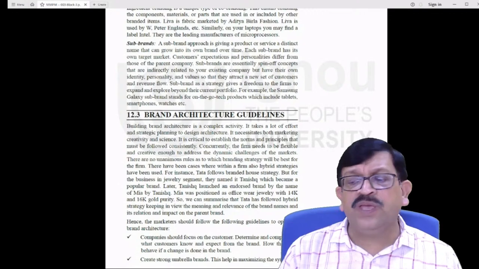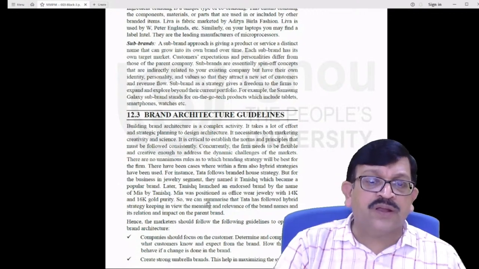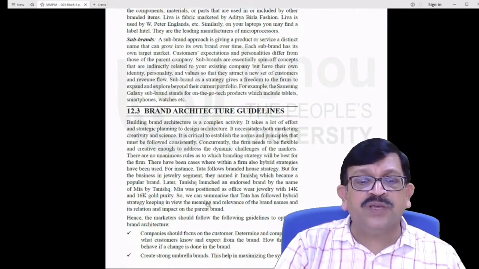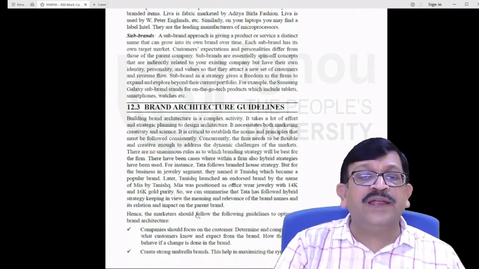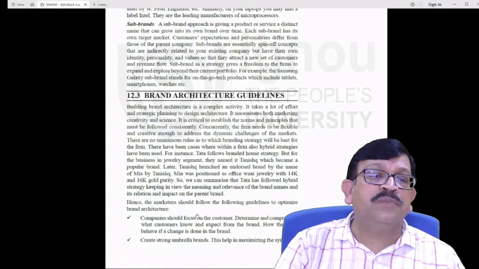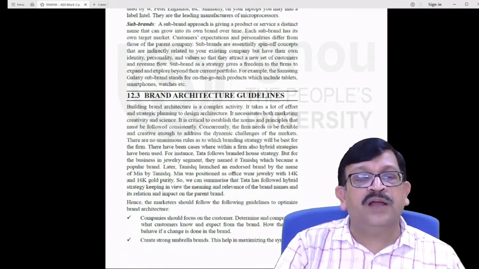It should then render a positive rub-off in terms of image as well as market share. So let's look into some of the guidelines required to optimize the brand architecture.